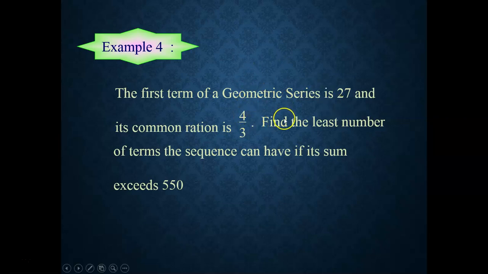So the question now says that you have to find the least number of terms the sequence can have if its sum exceeds 550. So we're looking for Sn. What is n if Sn equals 550? That is what the question is saying. Write down all the information that you have.